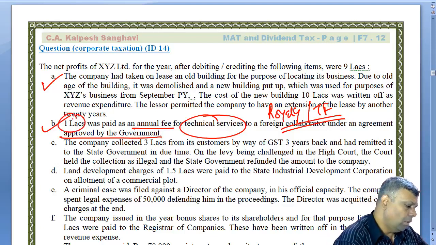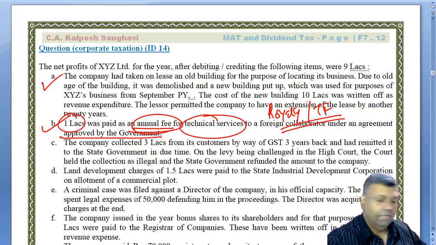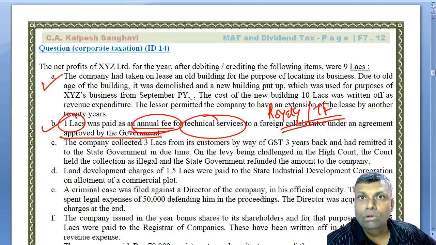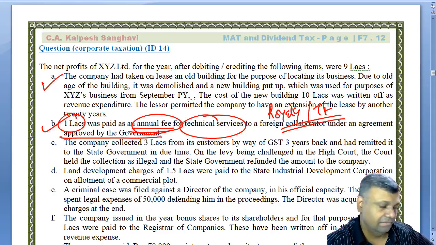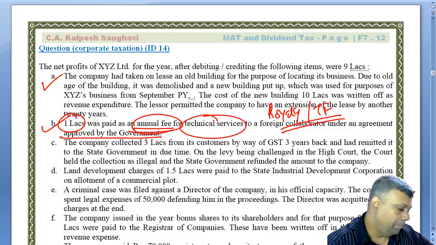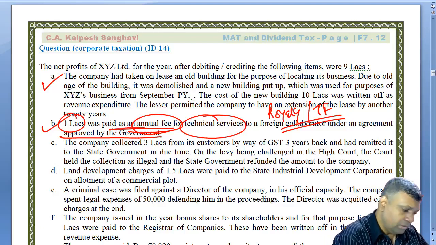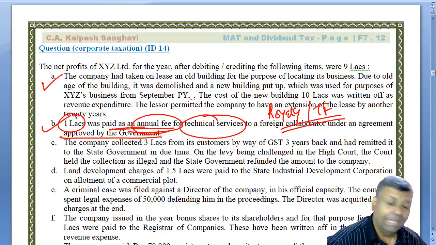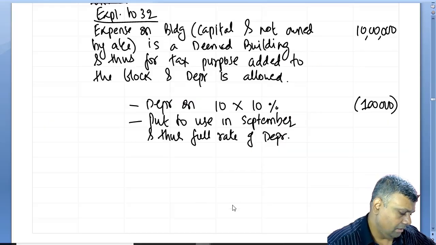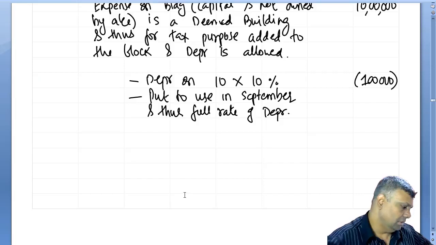It simply says ₹1 lakh is an annual fee. Annual fee is basically something like your maintenance charges. But confusion was created by the question just by using the word technical services, because technical services has a separate definition altogether for the tax law purposes. But because the word which is used in the question is annual fees, we'll call it an expense type category. So there is no question of any adjustment to the income.